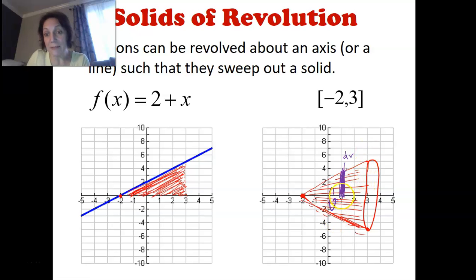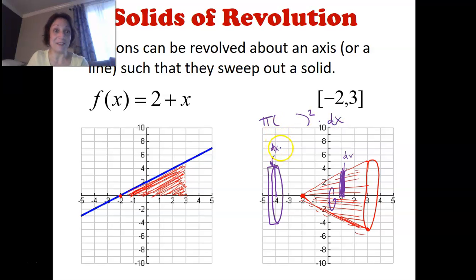So, if I want to find the volume of just one of my slices, there's my dx. I need pi, I need my radius squared, and I need the height of my cylinder, which is dx.